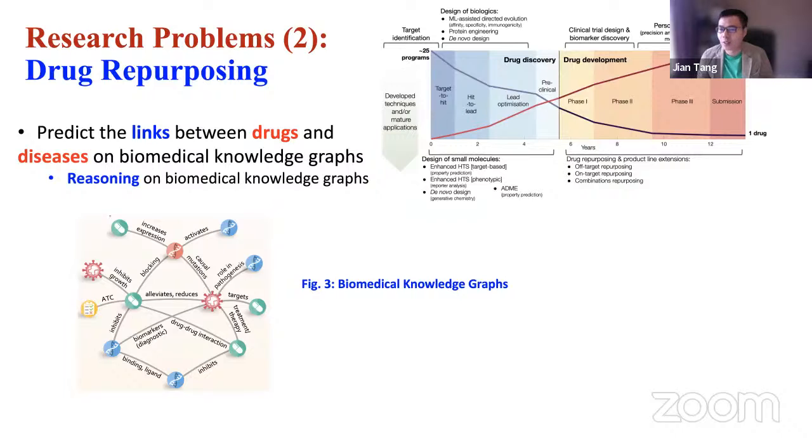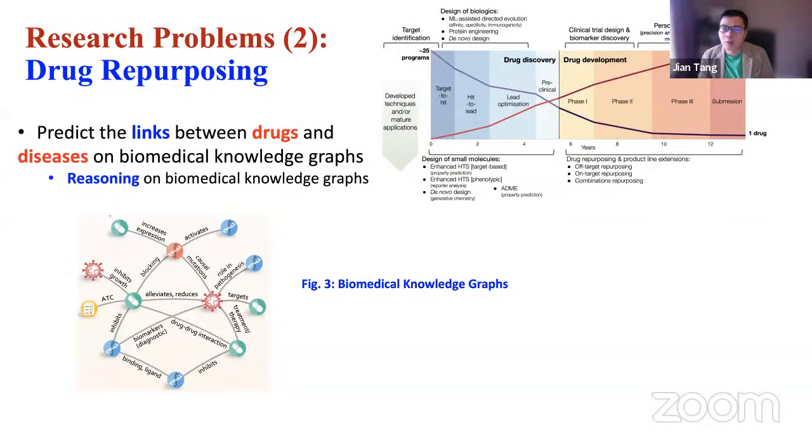For example, when SARS-CoV-2 first showed up, it would be very difficult to develop a totally new drug in the very beginning. So a better solution would be to see whether some of the existing approved drugs can be used to treat this new disease, right? So that's called drug repurposing.